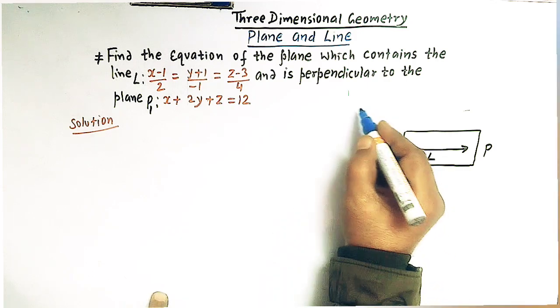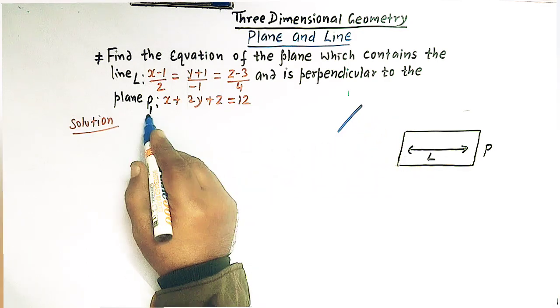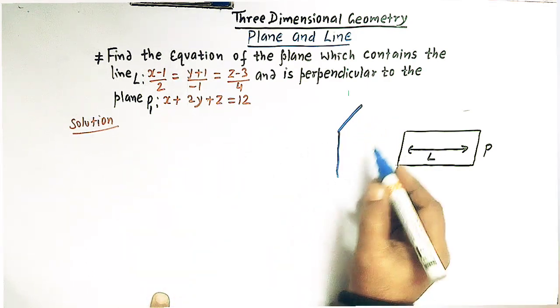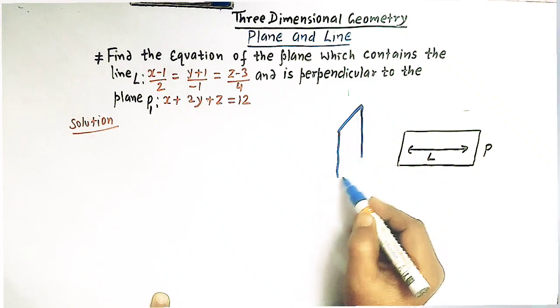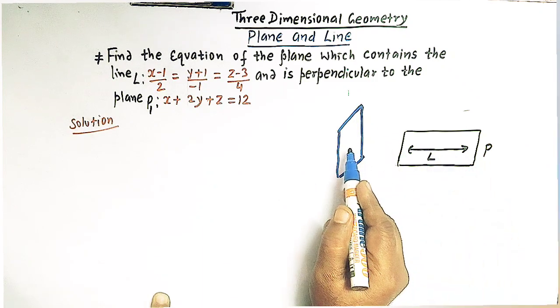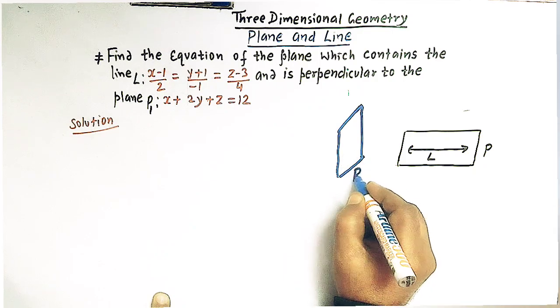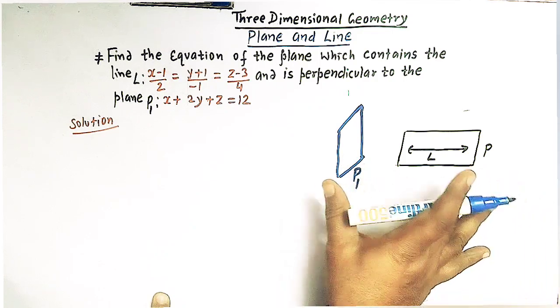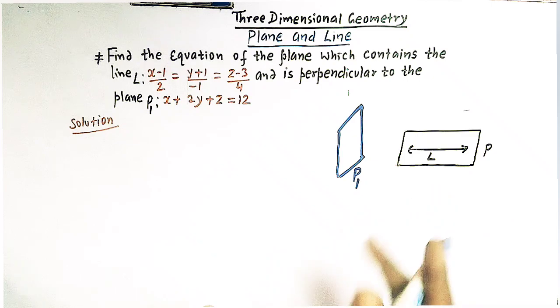So now let us draw the plane P1. Suppose the plane P1 is like this, and this plane P is perpendicular to this plane P1. Remember, this is a rough diagram and not the actual diagram.